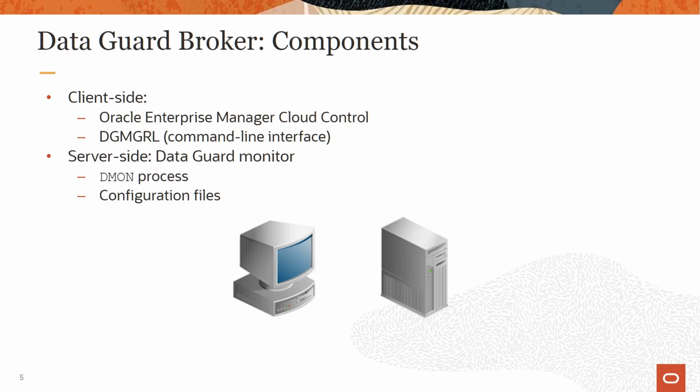And also this DMON process, it works with the Enterprise Manager agent. In the server where the agent is installed, agent communicate with the database DMON process to collect Data Guard Broker information. So we can use command line interface and also Enterprise Manager to manage a Data Guard configuration.